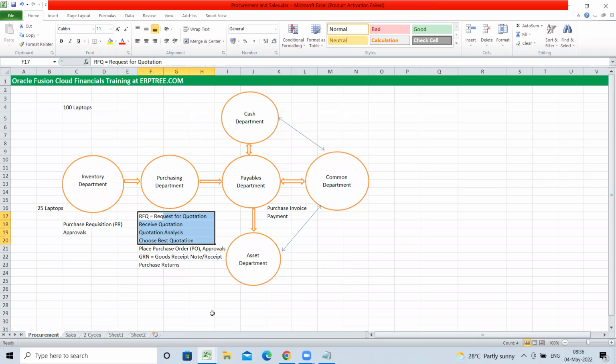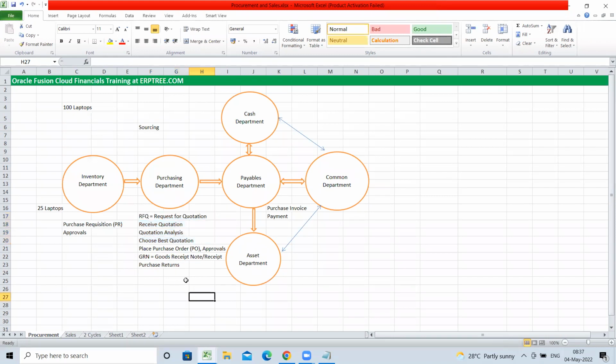All this can be done by a department called the sourcing department. The sourcing department will take care of all these activities, and the purchasing department will look after placing the purchase orders, recording the GRN and the purchase returns.